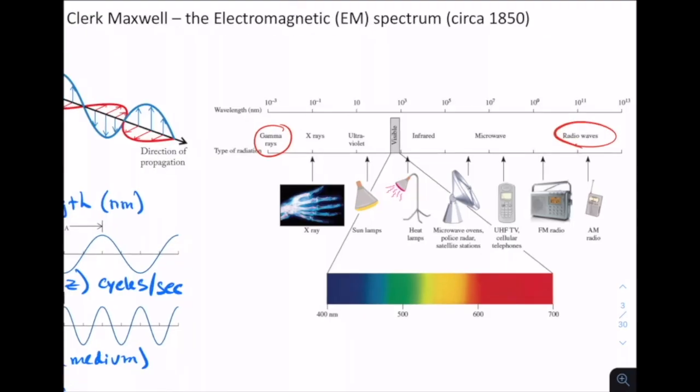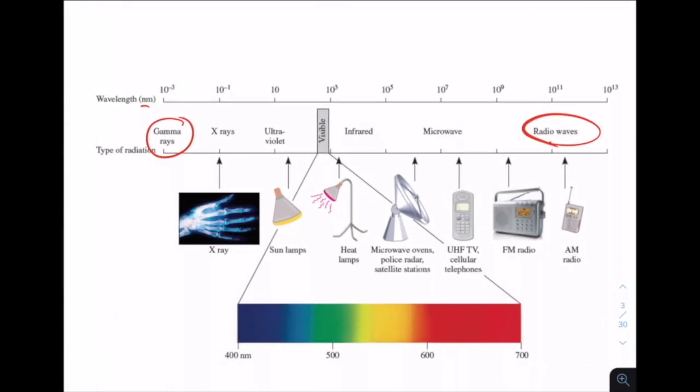The wavelength here is in nanometers. The very energetic gamma rays have a relatively short wavelength, 10 to the negative 3rd nanometers. And on the other end of the scale, radio waves have wavelengths of 10 to the 13th nanometers.